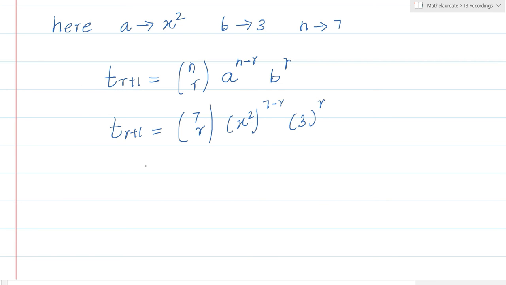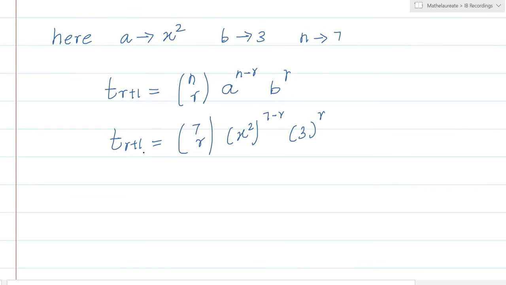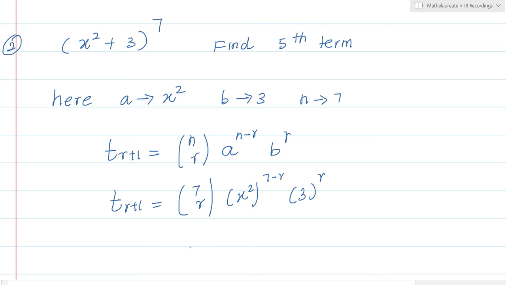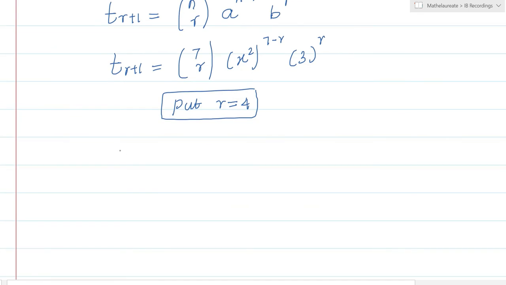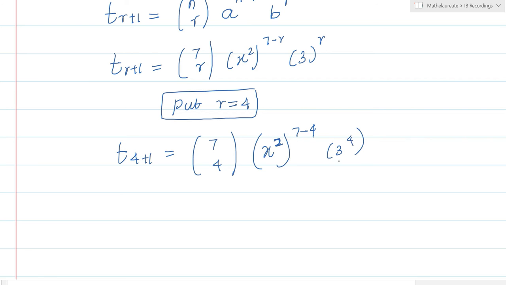Since we are looking for the fifth term, you have to substitute r equal to 4. If you substitute r is 4, T(4+1) gives 7C4, x squared to the power of 7 minus 4, and 3 to the power of 4.